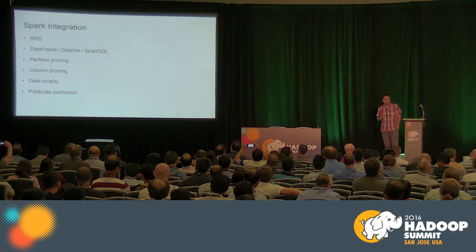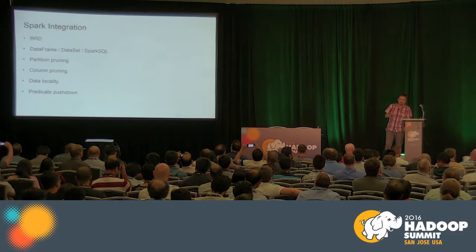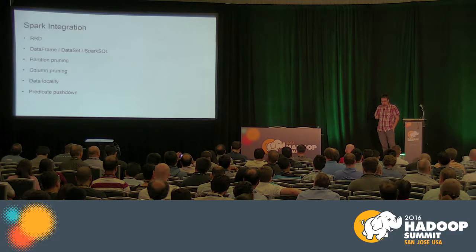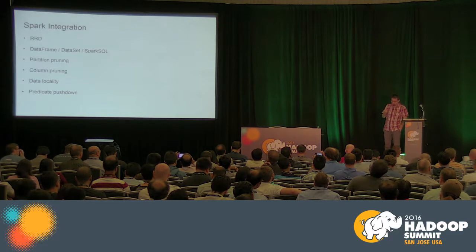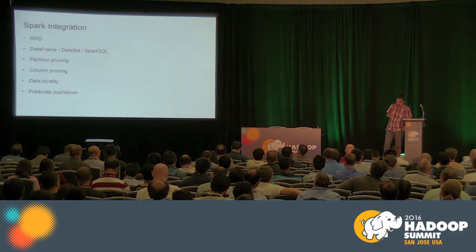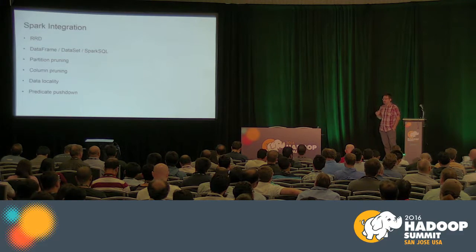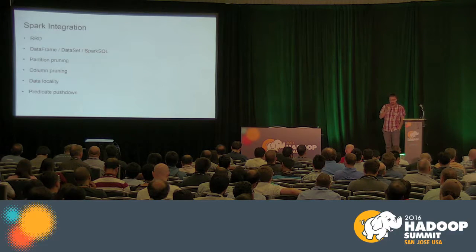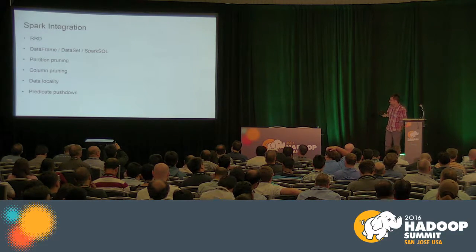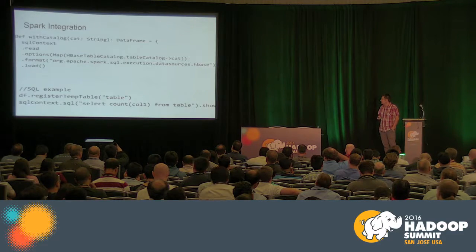Data locality is there, so the Spark executors talk to the local region server and everything. And also some form of predicate pushdown is there. So for example, it can push down the column selections and everything, and some simple column filters like this column should be greater than 5, this column should be less than this, kind of thing.